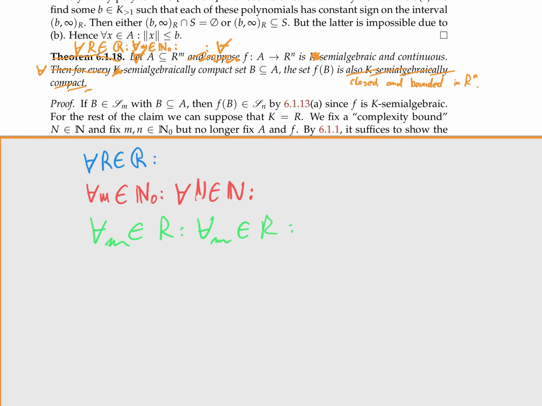It doesn't matter in which order, but if I put the m here, then maybe I should put the n first as well. And then comes the complexity bound, right? And actually these quantifiers here, they are handled by fixing the things, right? I fix m, n, and n, right?